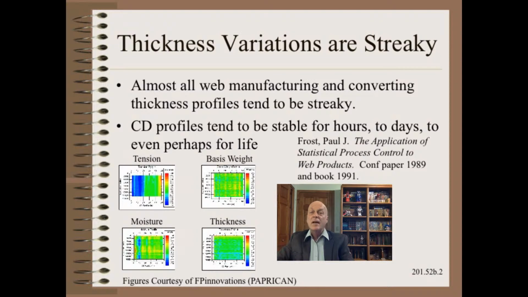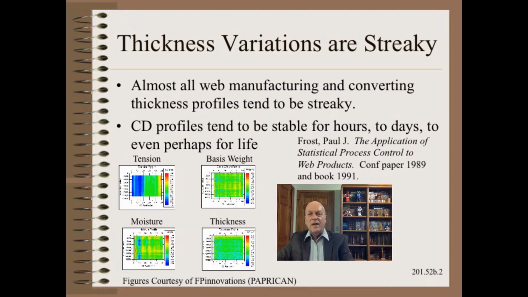The streaks may persist for the better part of a finished roll, many rolls, or many days until some worn part is repaired. Or it may even be a feature persistent since the first day the machine ran until the day it is finally retired.